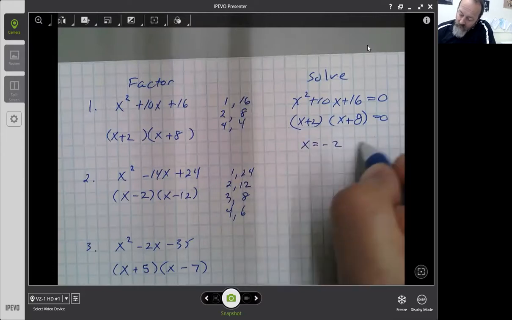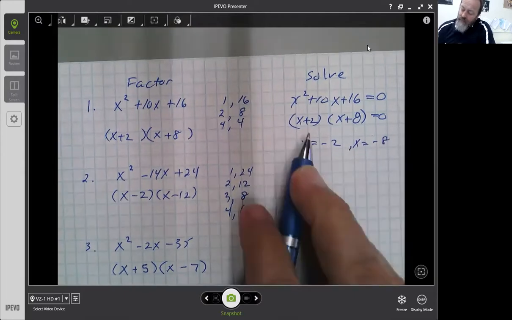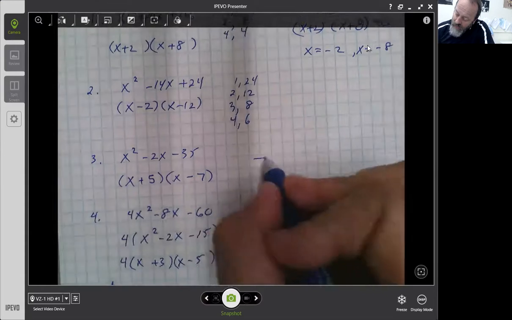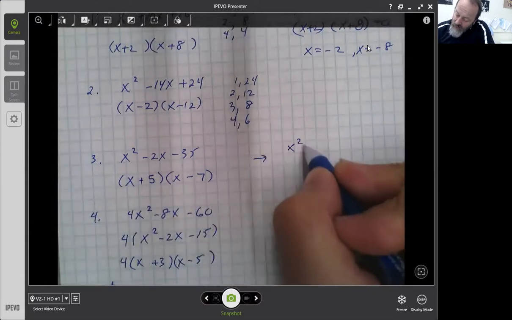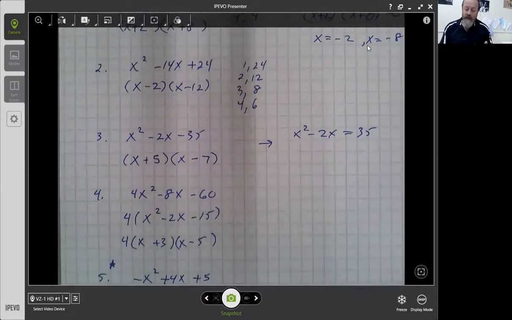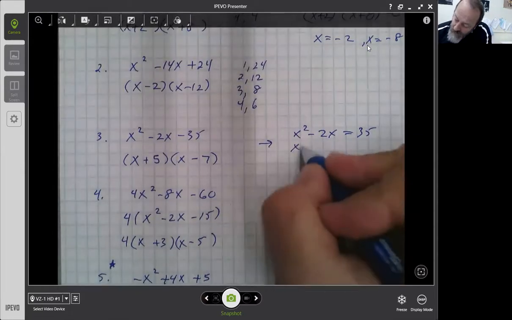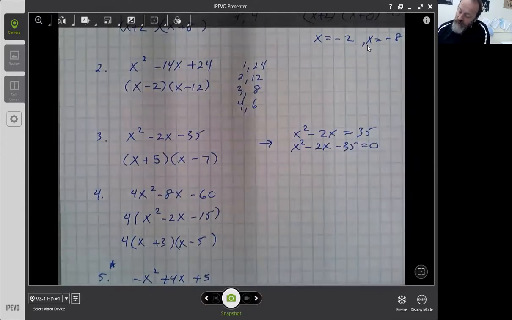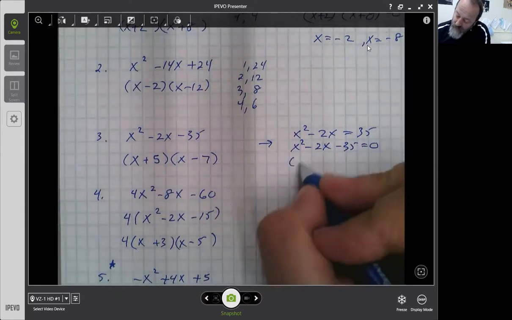And again, we've done this before, so I'm not going to take very long on it, but clearly -2 and -8 would do that. In a similar way, down here, if we were to take x squared minus 2x is 35. Now, I modified that problem just a tiny little bit, but if it's not equal to 0, we move things across the equality to make it equal to 0.